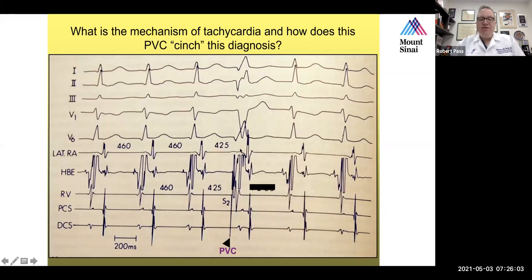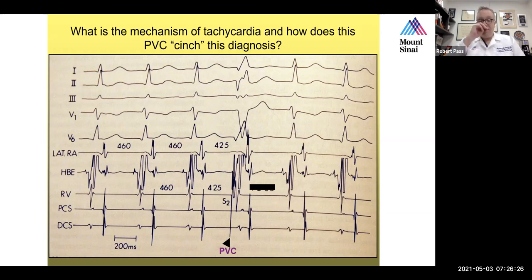In this case, putting the PVC in at exactly the moment that the His has fired results in the next P wave coming in at 425 milliseconds, whereas the cycle length of the tachycardia is 460, meaning that a His-refractory PVC advanced the next A.